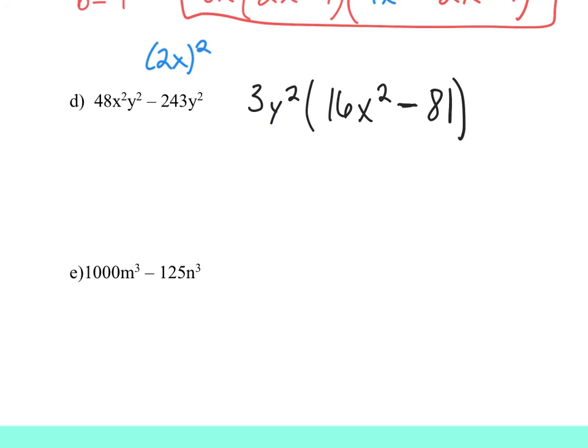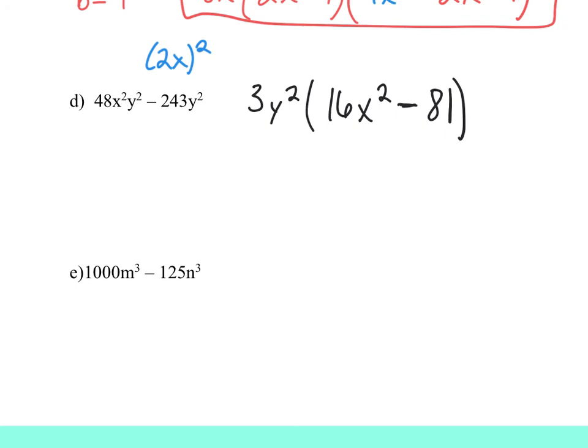Oh, no. What do you see? An exponent of 2 on the inside? And a subtraction sign? So is this difference of cubes, or is it difference of squares? Do I have 2 perfect squares there? Yeah. 16 and 81? Yeah, so this is going to be the other one. Okay, it is super important not to get these two things confused.